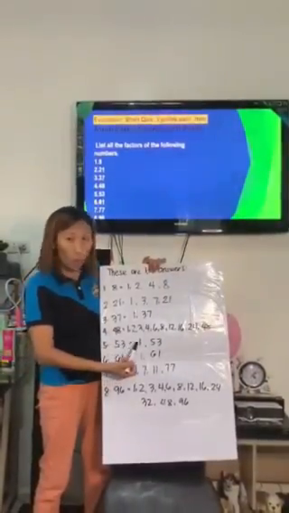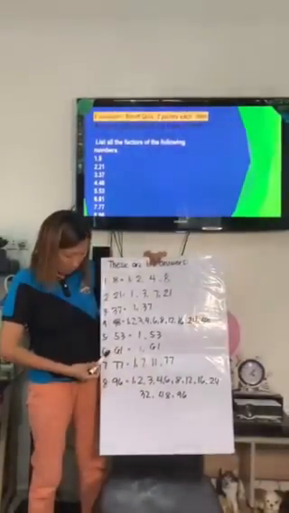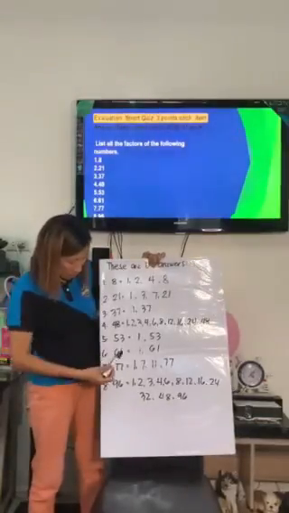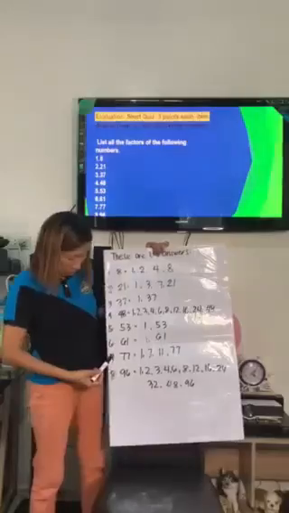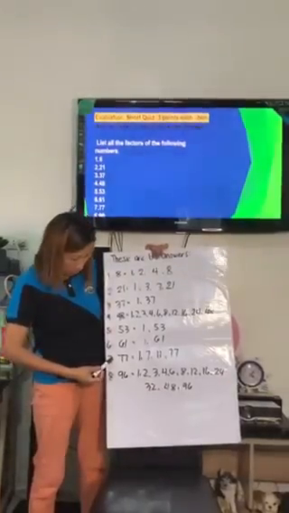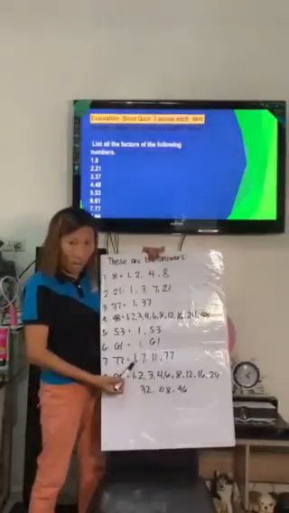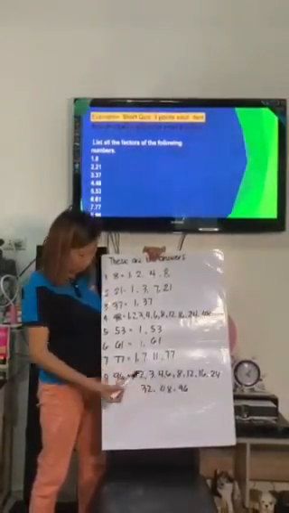The answers are 1 and 53. Number 6, we have the given number 61. So the answers are 1 and 61. Number 7, the given number is 77. So the answers are 1, 7, 11, and 77.